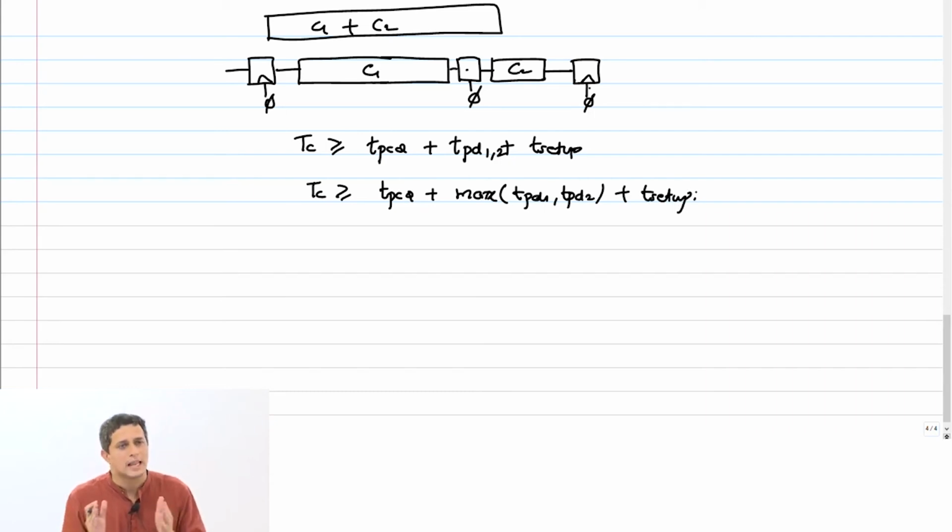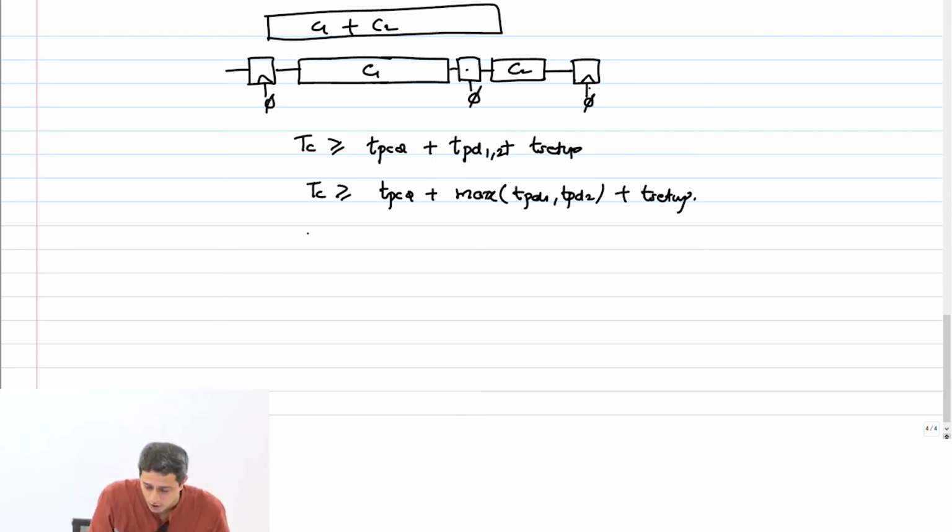What you're doing in a latch based system is I am not going by the max operation. C1 can take more time to evaluate provided C2 is small enough to finish within that clock period, right? So I remove this condition.